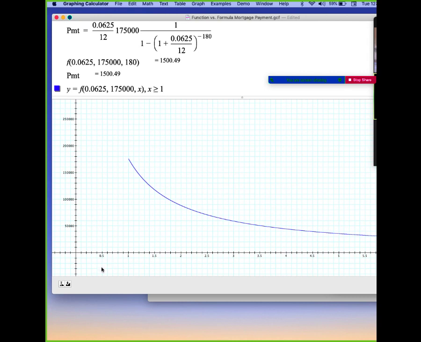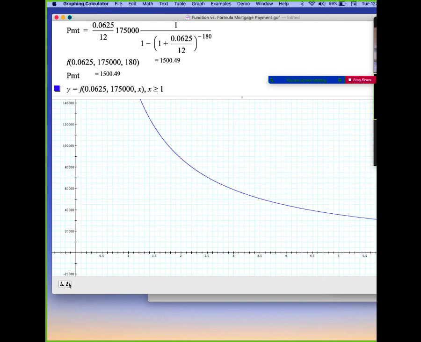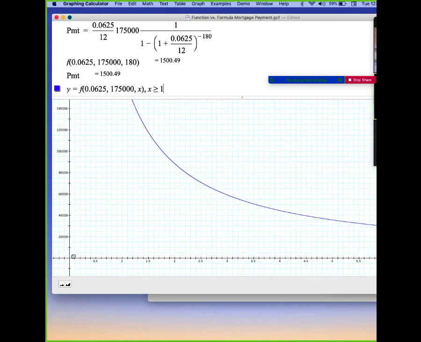And then what about the x-axis? What would make sense in terms of zooming? Like what would make sense to observe on the x-axis? Should I zoom in or out? Zoom in. So what is a typical number of payments in a loan?